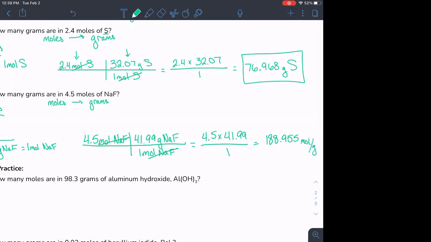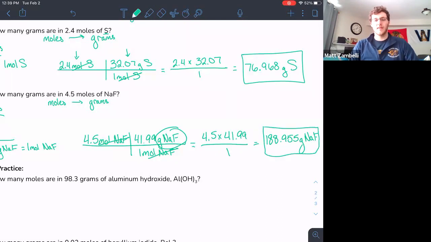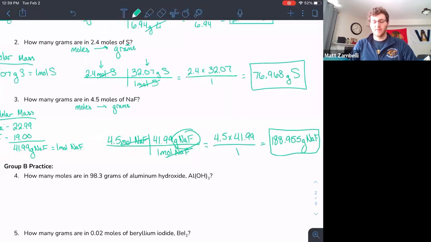Wait, no. Grams of NaF. Perfect. That's all that we have left, those grams of NaF, which means that those are the units we put on this 188.955. How do we feel about this now? Not too bad, right?